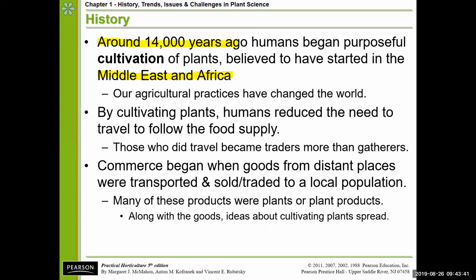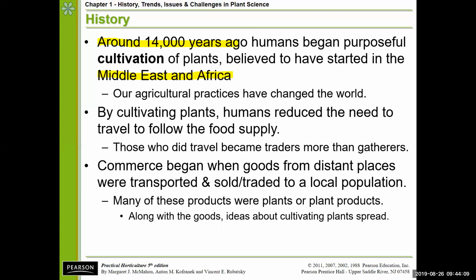So they say around 14,000 years ago is when we began the purposeful cultivation of plants. And it started all around the world around the same time, 14,000 to 10,000 years ago, and some later on. These agricultural practices changed this whole paradigm.